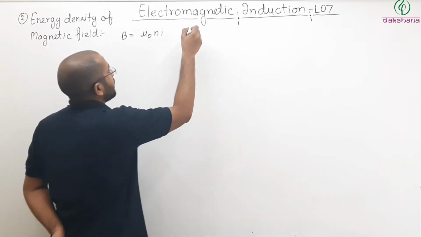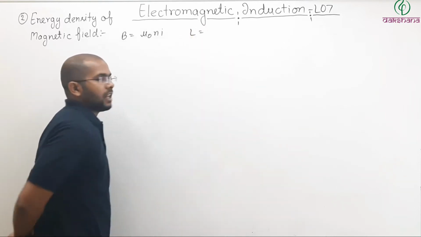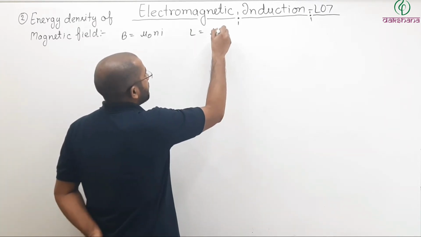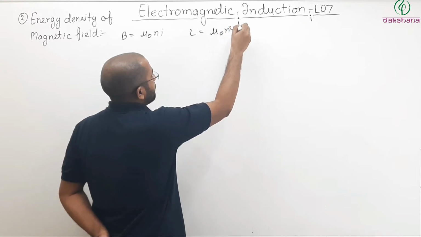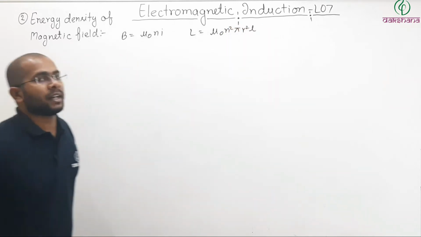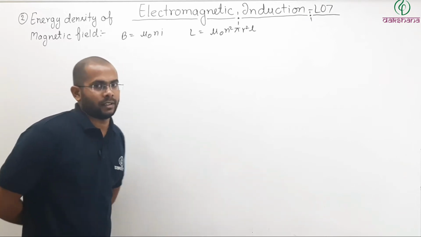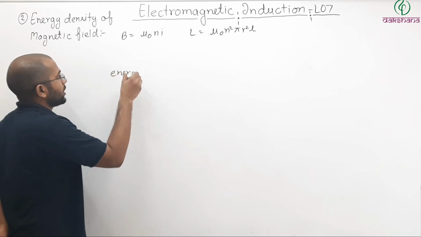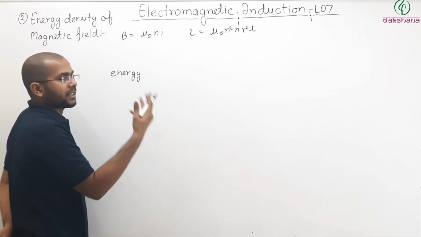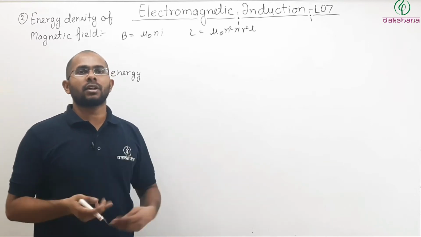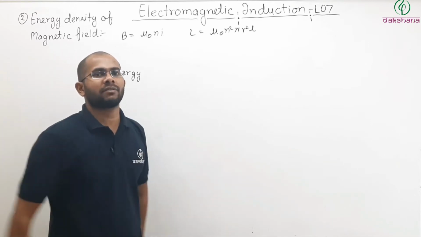Now what is the inductance of a solenoid? Self-inductance of a solenoid, if you remember the formula, is mu naught n square pi r square times l. That is the self-inductance of a solenoid. Now energy is stored in a solenoid in the form of magnetic field. Where is that energy stored? That energy is stored in nothing but the form of magnetic field.